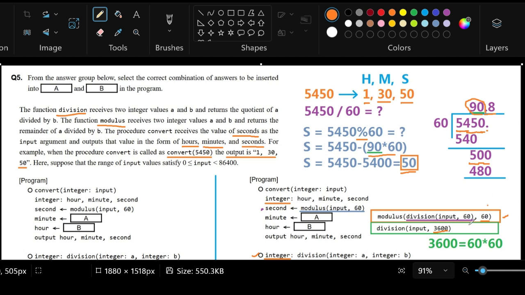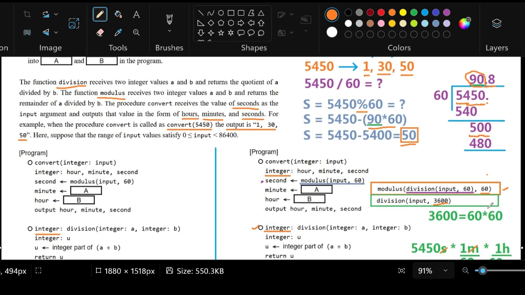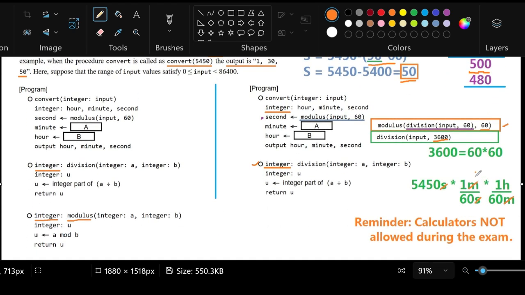The thing is, how did we come up with 3600 in the first place? And the way to explain that is, if we know that we can do 60 times 60 to get 3600, one way to think about it is, if the input is 5450 in seconds and we want to convert it to hours, how do we do that?